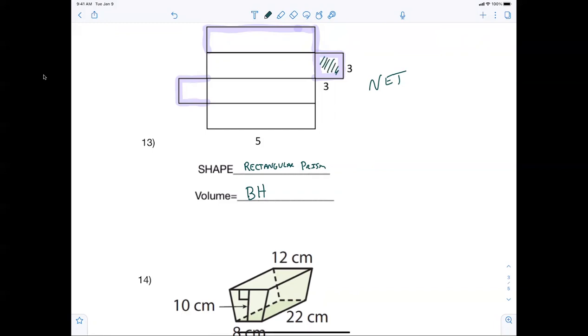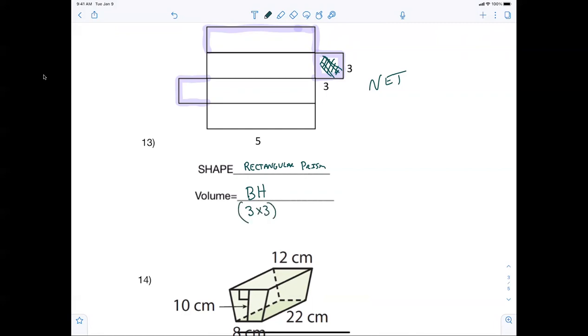No, you're right, this can be called a rectangle, but precisely it's called a what? What's this shape called right here? Square. So the area of the base would be 3 times 3.